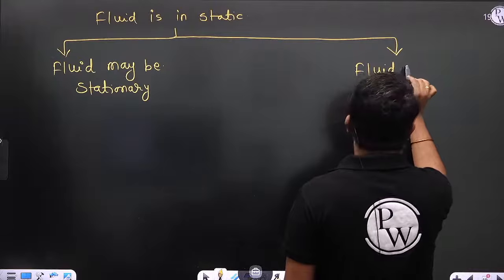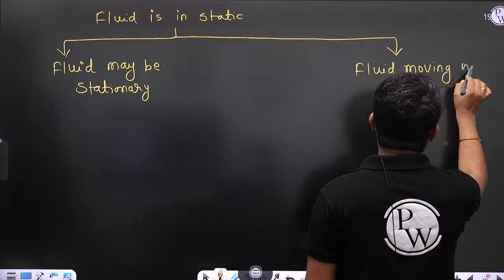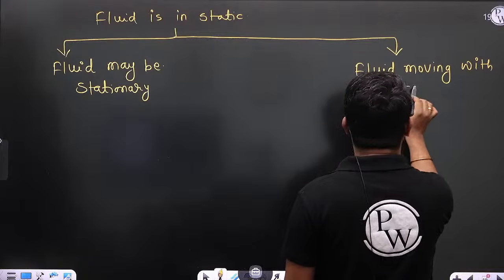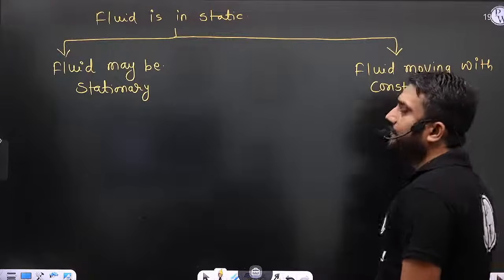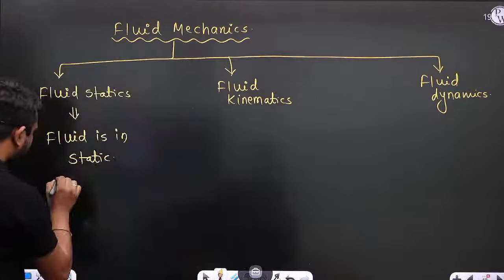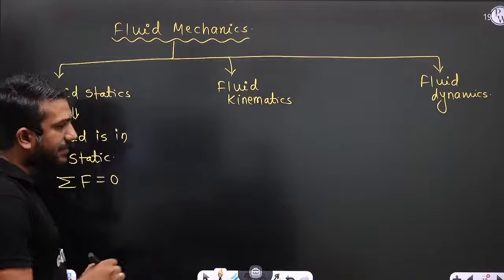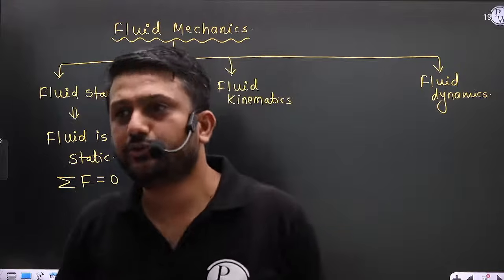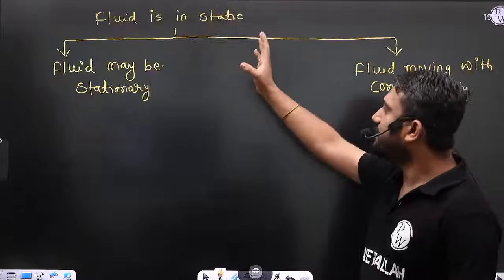Fluid is static means the net force, summation F, is equal to 0. So if the fluid is in static condition, that means the fluid may be stationary.